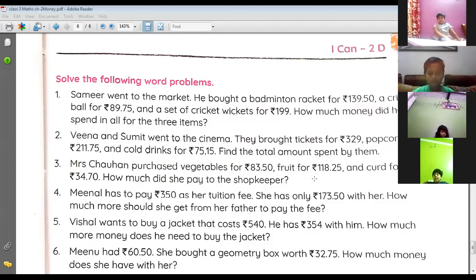Exactly. Very good. The cost of popcorn is equal to 211.75. Very good. And the third statement? Cost of cold drink. Very good. So the cost of cold drink is equal to rupees 75 and 15 paisa.